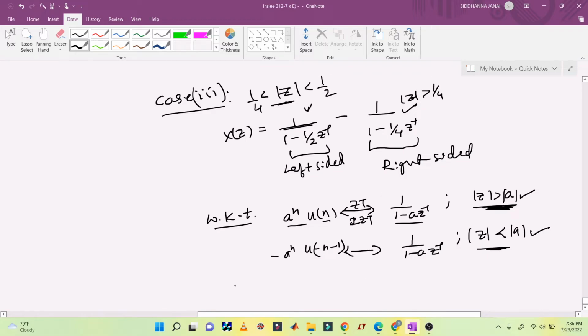That's why x of n is equal to minus 1 by 2 to the power n u of minus n minus 1 minus, this is right sided, so 1 by 4 to the power n u of n. So this is the answer.